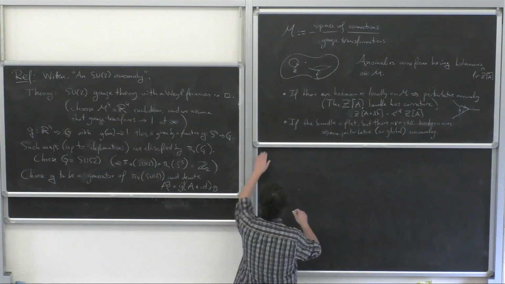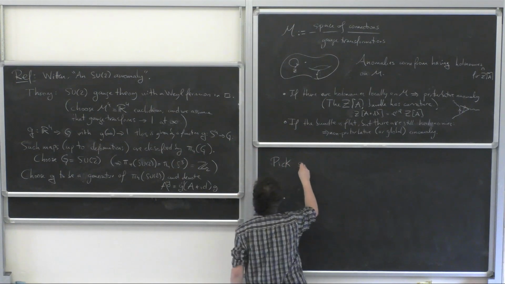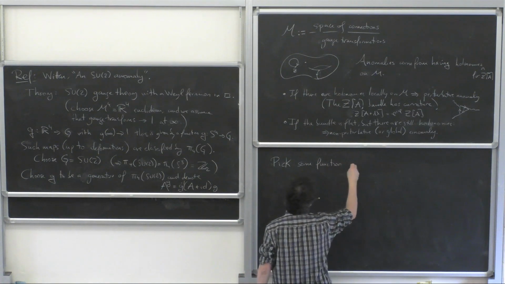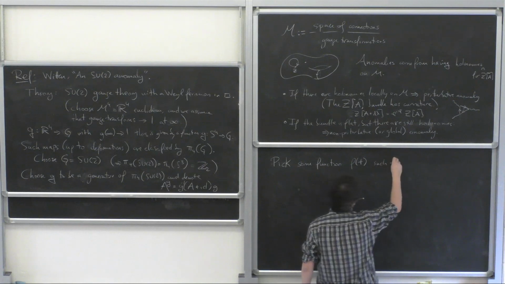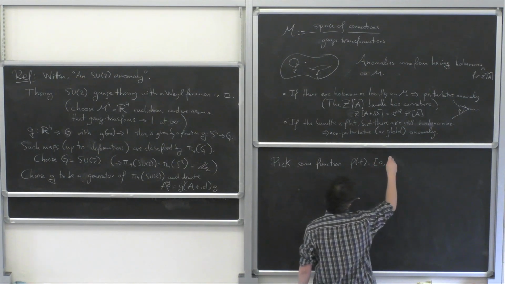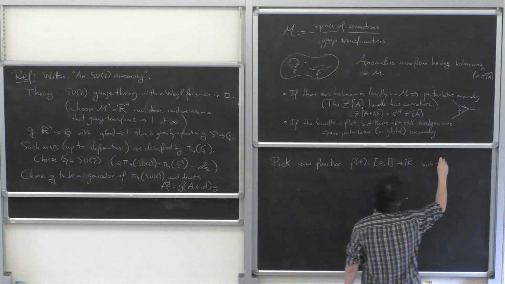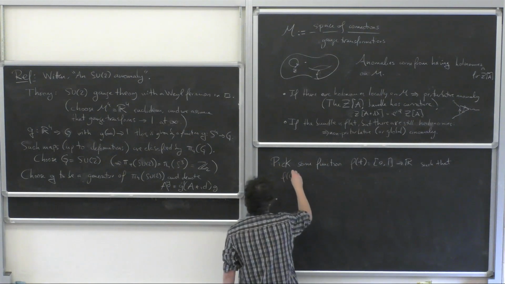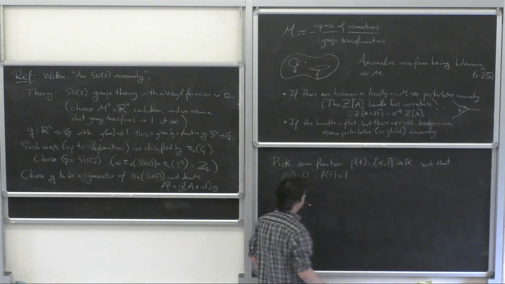So pick some function. Doesn't matter which one. f of t, defined in an interval, and it's a real function, such that f of 0 is 0, and f of 1 is 1.